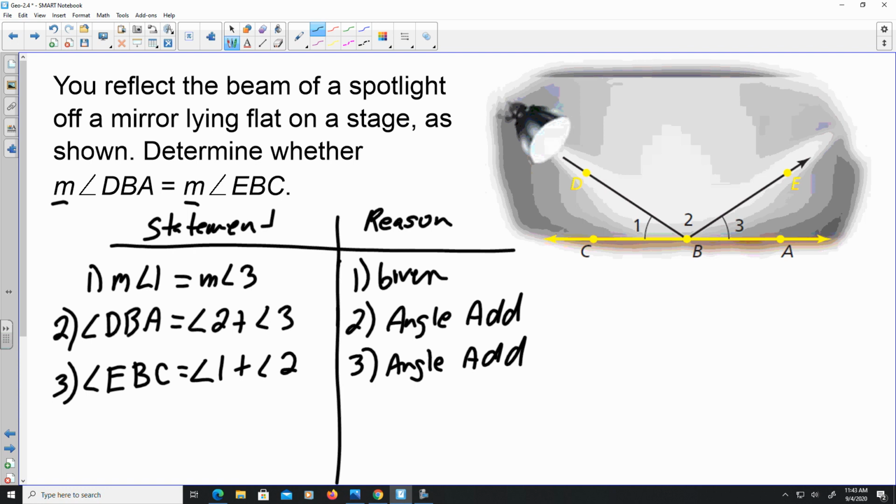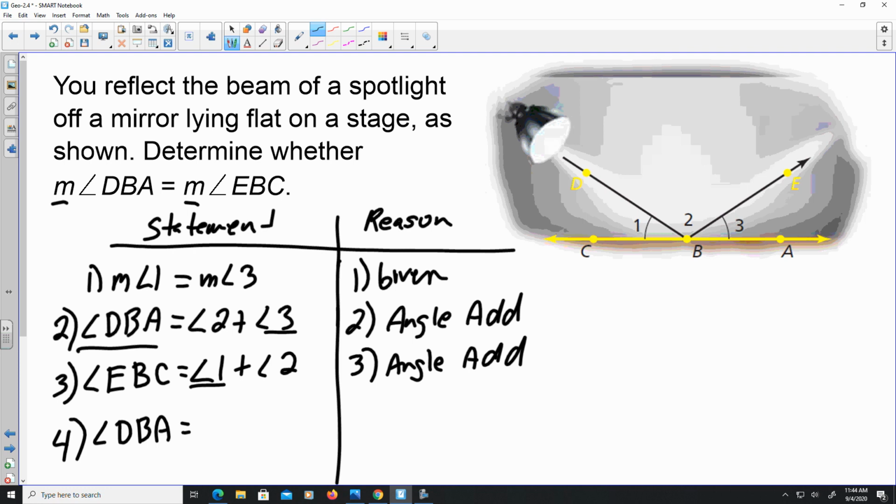Now, what we can do from here depends on which angle you want to choose. I'm going to look at DBA just because I chose that one first. So the next step is going to be angle DBA. In order for us to solve this, if you notice, because one has 3 and one has 1, and we already established that 1 and 3 are going to equal each other, I'm just going to substitute one of those in.